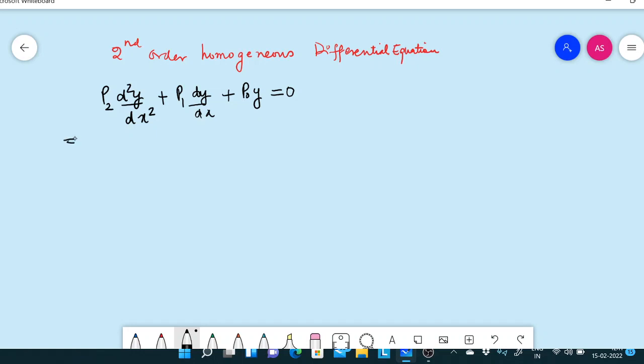We rewrite this equation by scaling by the constant p2. Since p0, p1 and p2 are constants, the fractions p1 by p2 and p0 by p2 will also be constants, and we can redenote these constants by some other notation.